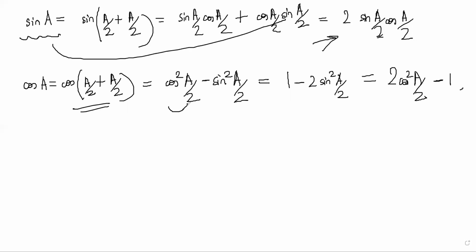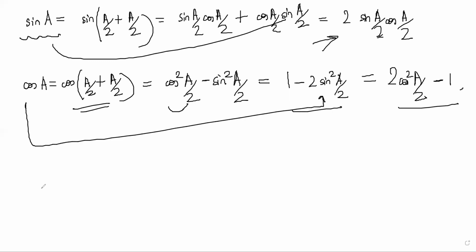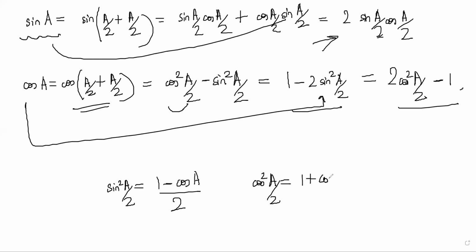This is something that we had done earlier also, right? So what we can say from these two results is that sine square a by 2 is equal to (1 minus cos a) by 2, and cos square a by 2 is equal to (1 plus cos a) by 2, right?